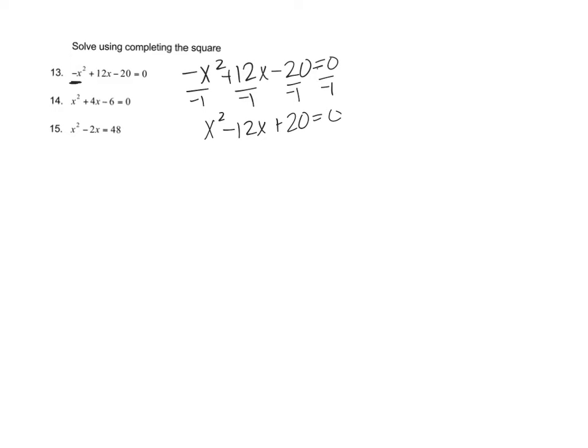And then my step 1 is to move the constant. Step 0, I like to call it, is divide by the coefficient a on ax squared. That's not always going to be a step. And I move the constant to the other side.